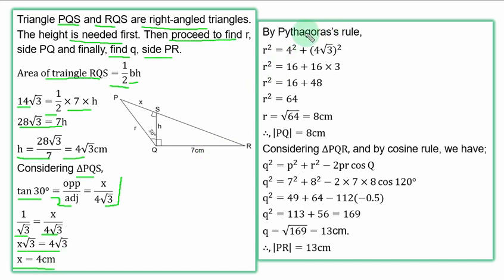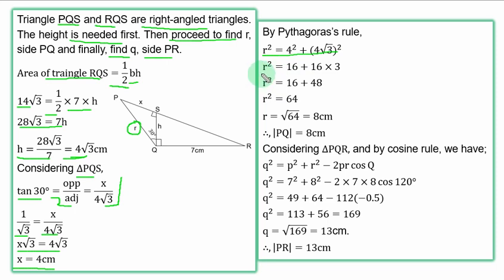By Pythagoras rule again, we want to get PQ now in triangle PQS. PQ is the hypotenuse. You state the Pythagoras rule in this form. s is equal to 4, hence you have 4 squared. h is equal to 4 root 3, you also square it.